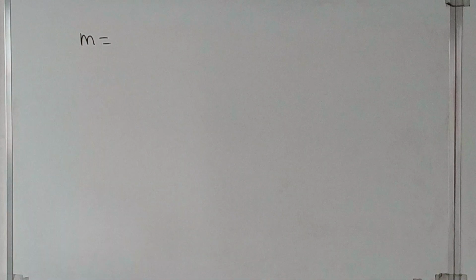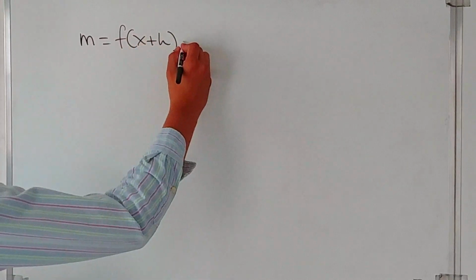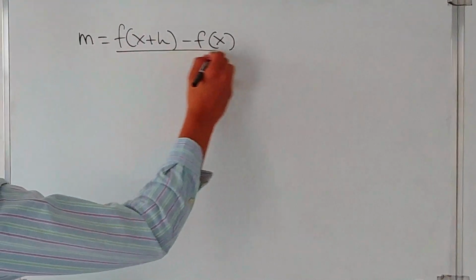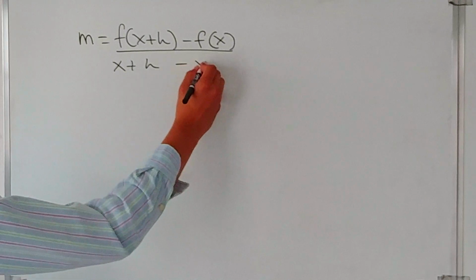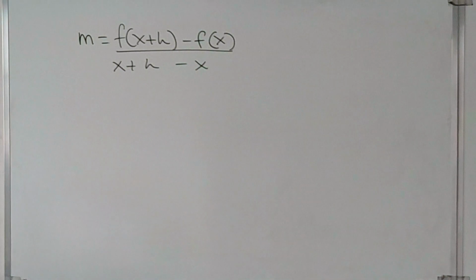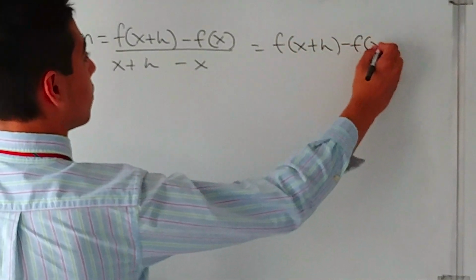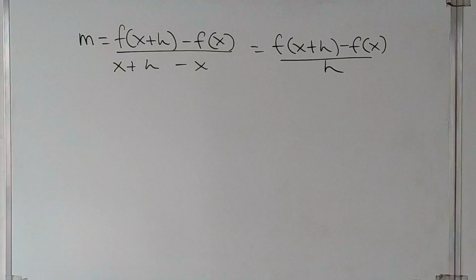So generally when we're trying to solve for slope, we will do y2 minus y1 divided by x2 minus x1, which results in f of x plus h minus f of x, which is y2 minus y1, divided by x2, which is x plus h, minus x1, which is x. So we can simplify this. So whatever h is, we can finally find the slope of the orange line.